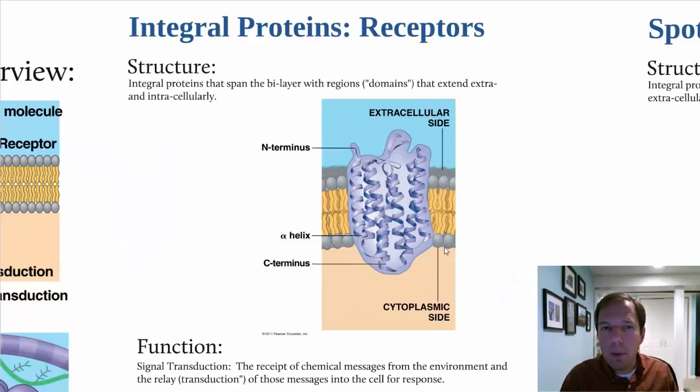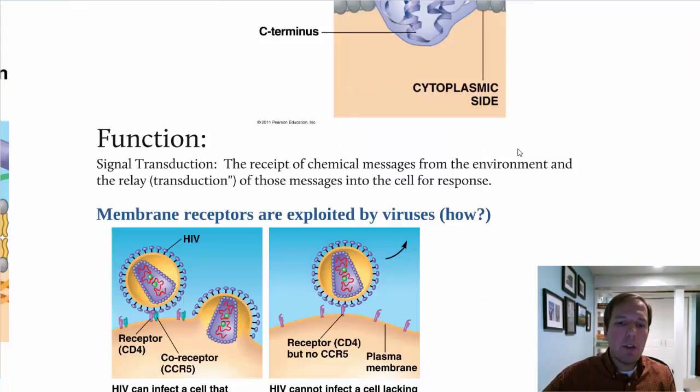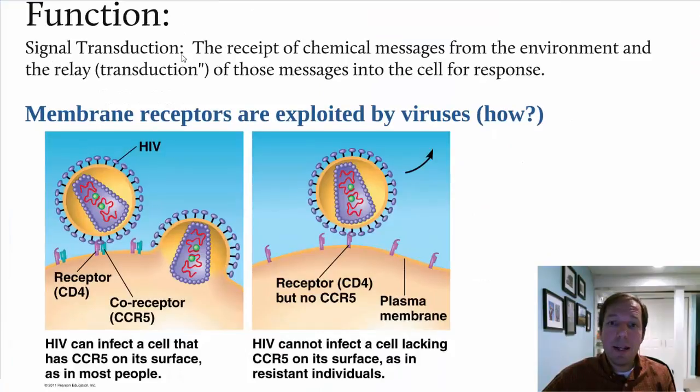I'll highlight a couple of them. First are integral proteins that act as receptors. Receptors are important in terms of a cell being able to communicate with its environment. These integral proteins span the bilayer so that part of them is on the cytoplasm side and part of them is on the exterior of the cell. These are important for things like transmitting signals.